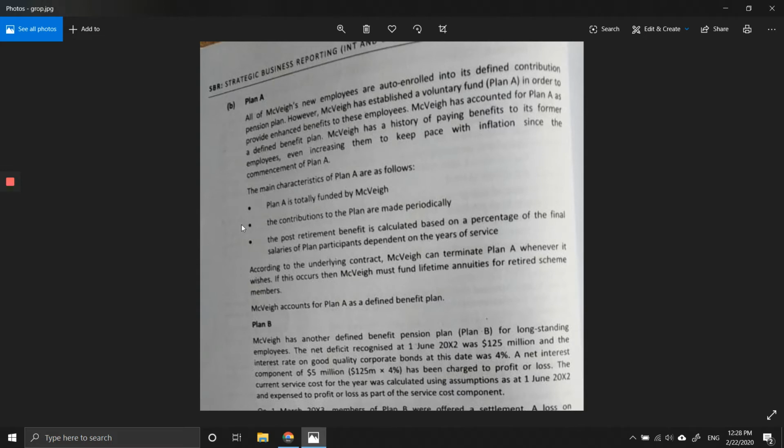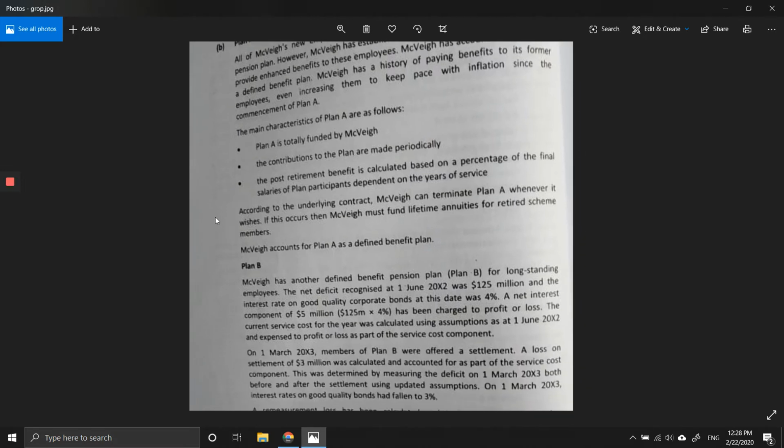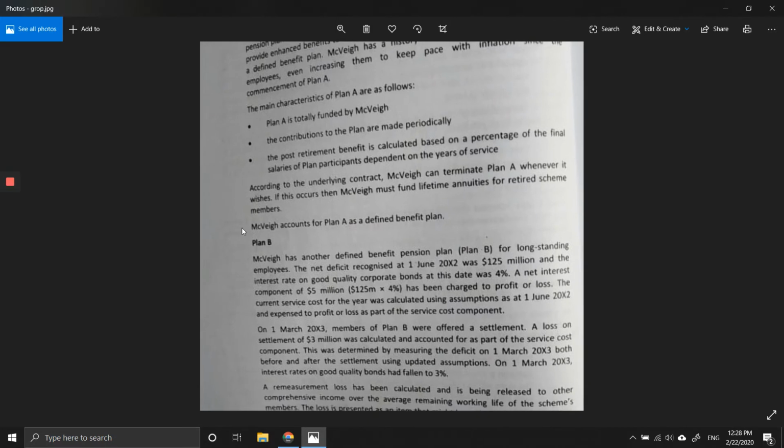Plan A is totally funded by McVeigh. The contributions to the plan are made periodically. The post-retirement benefits are calculated based on a percentage of the final salaries of plan participants, dependent on years of service. According to the contract, McVeigh can terminate Plan A whenever it wishes. If this occurs, McVeigh must fund lifetime annuities for retired scheme members. McVeigh accounts for Plan A as a defined benefit plan.